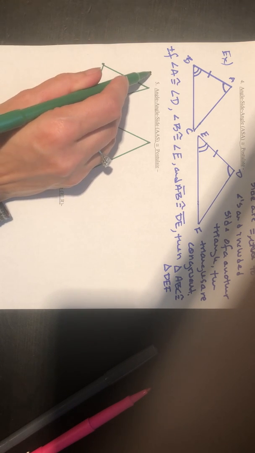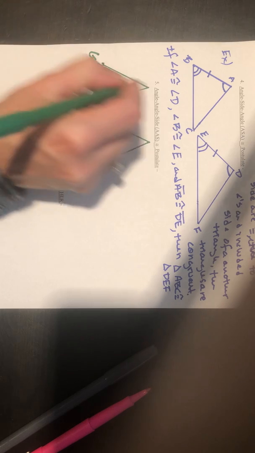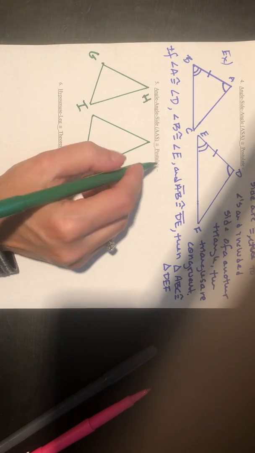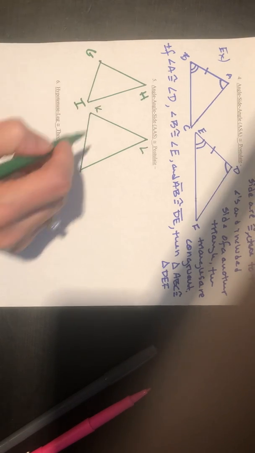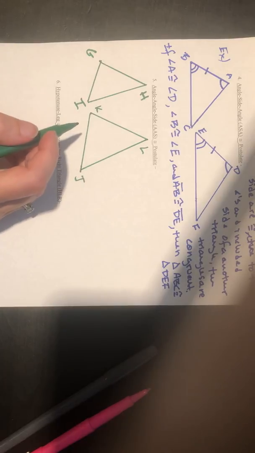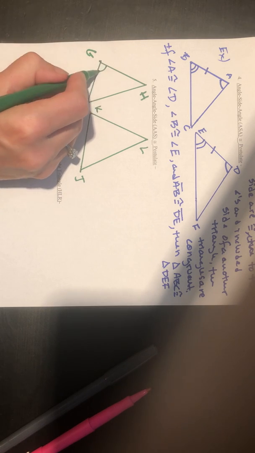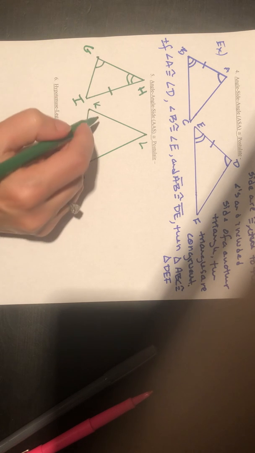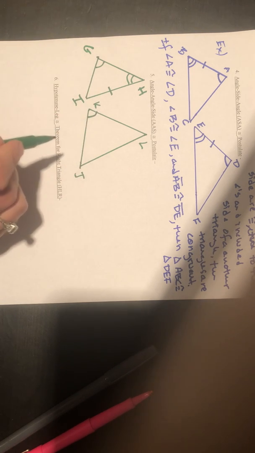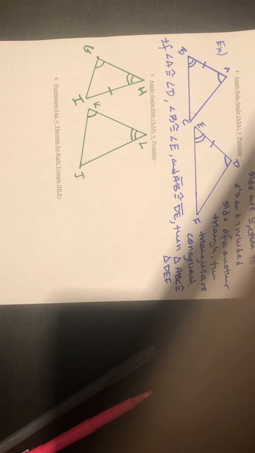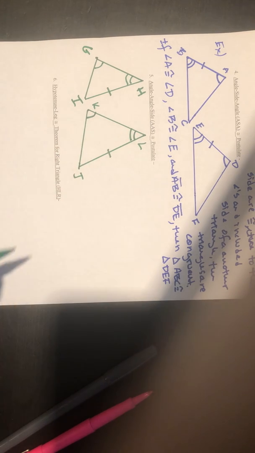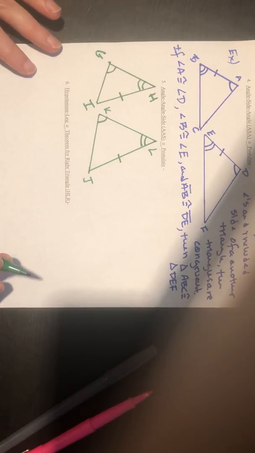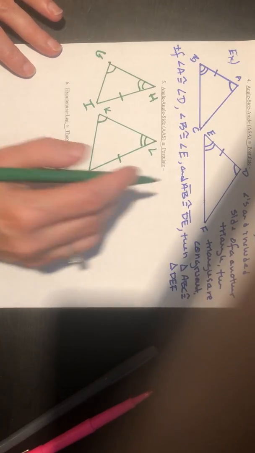All right, so we have I, G, H, and L, K, J. So if I am looking for angle angle side, I could say G is congruent to K, H is congruent to L, and LJ is congruent to HI. So then these triangles are congruent. And that's the angle angle side postulate.